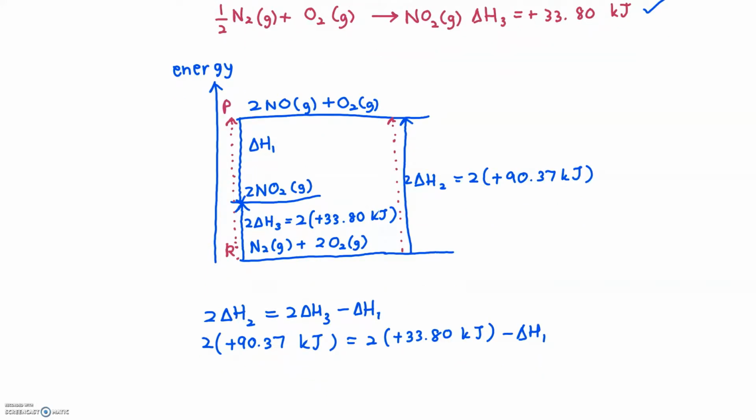So after pressing the calculator, that gives the enthalpy change of the target equation, which is negative 113.14, and the unit is in kilojoules.